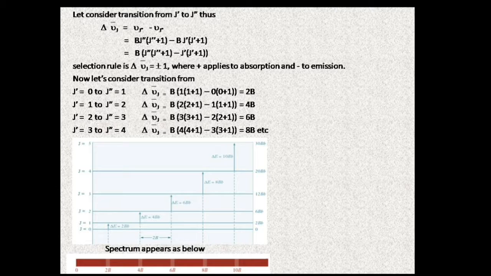Now let us consider the transition from j dash is equal to 2 to j double dash is equal to 3. So here the spectral line appears at 6B. The next spectral line appears at 8B and so on. So you get the rotational spectra as shown in the red color. So in rotational spectra, we will observe equally spaced lines and that distance is 2B.